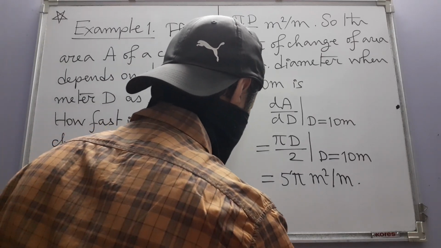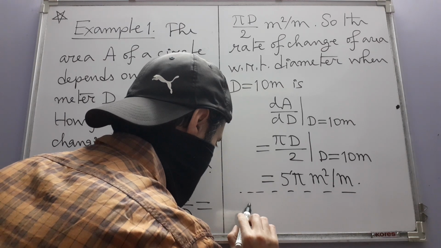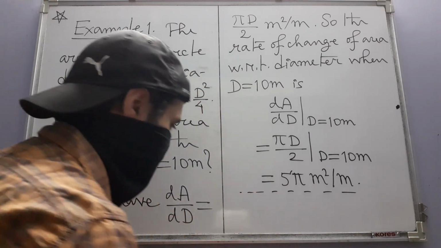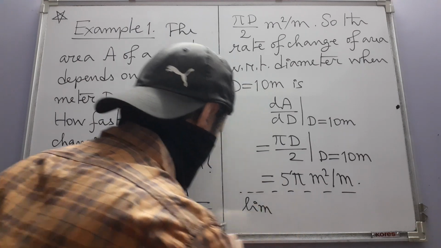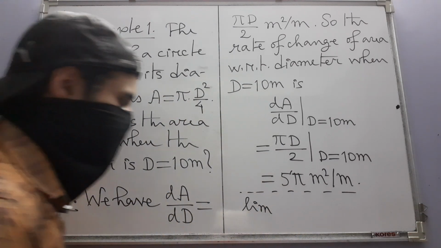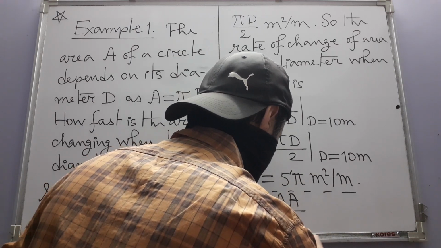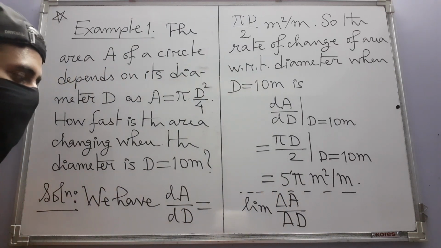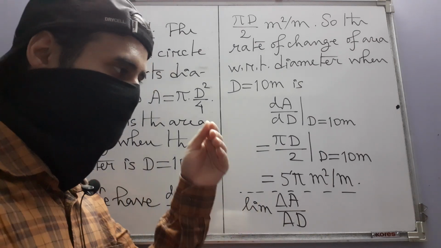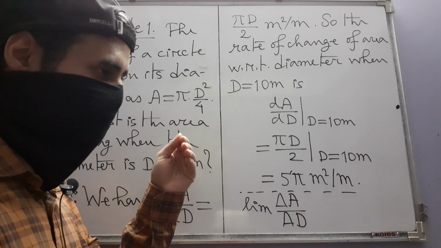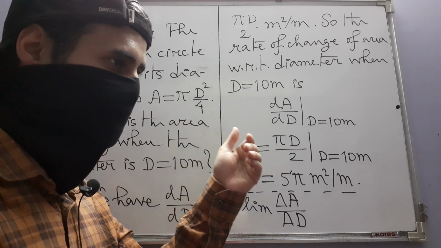We already know this, that the limit of the average rate of change. What is the average rate of change in this case? It is delta A divided by delta D. Delta D is a small change in D value. Say the D value was this, and after something happened the D value changed to that value.